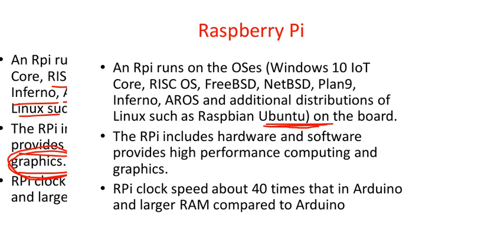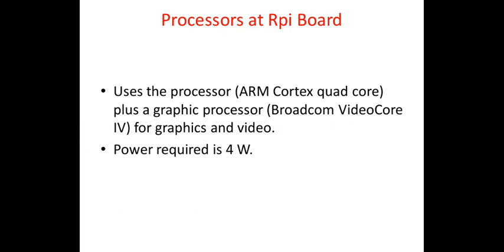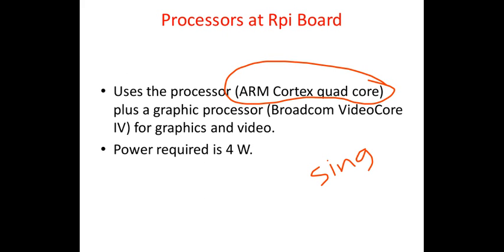Okay, so then let us go into some more details here. It uses the processor ARM Cortex quad core. So we have seen the single core earlier, then the dual core, and now we are speaking about the quad core ARM processor.